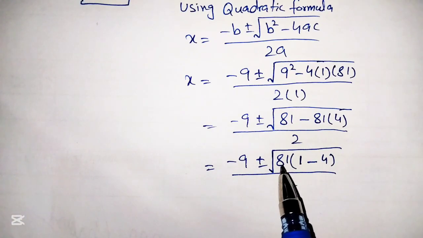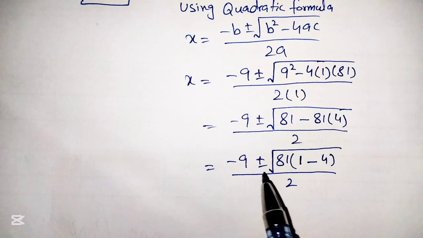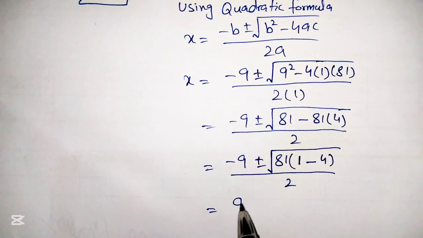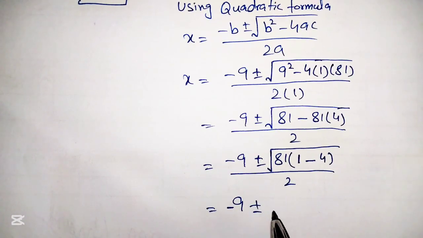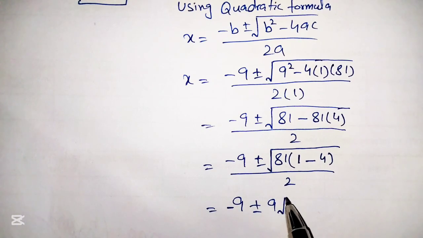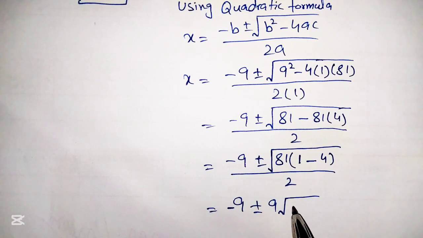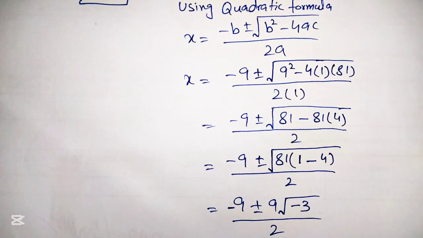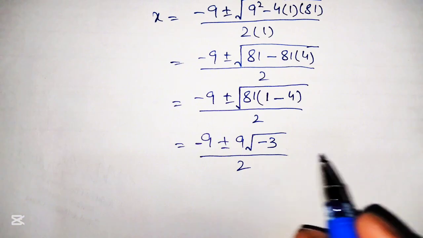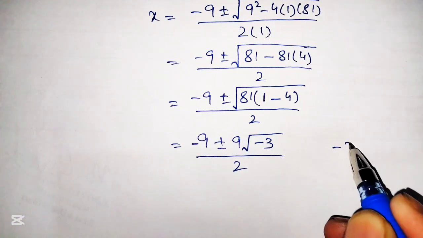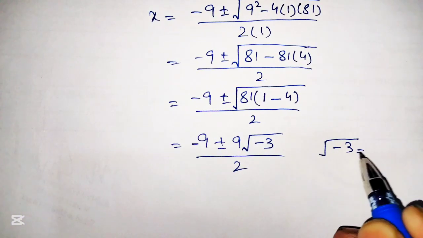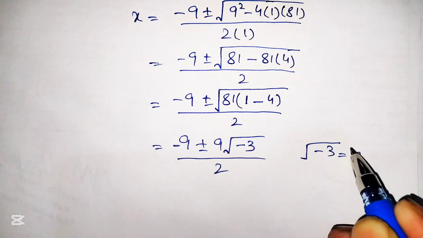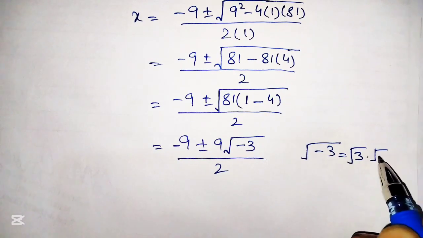Now the square root of 81 is 9, and it comes out of the square root, and we will get minus 9 plus minus 9 times the square root of 1 minus 4, which is minus 3, over 2. Now we can write this square root of minus 3 as square root of 3 times square root of minus 1.